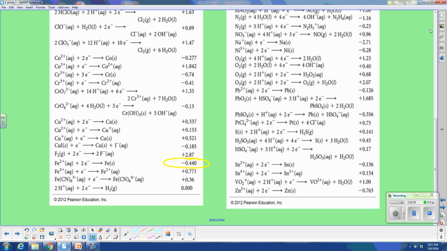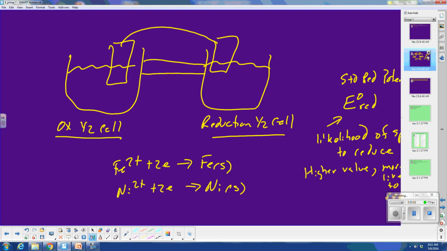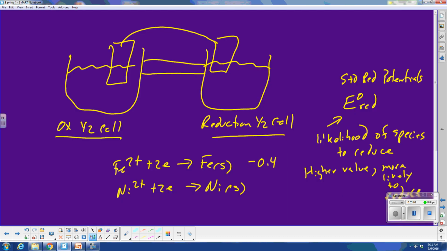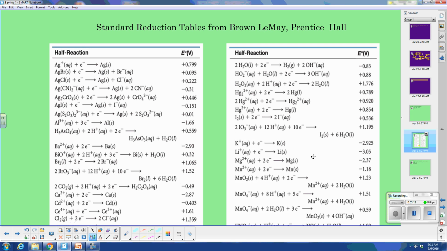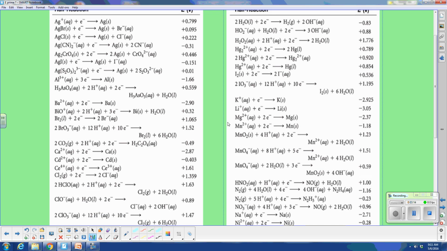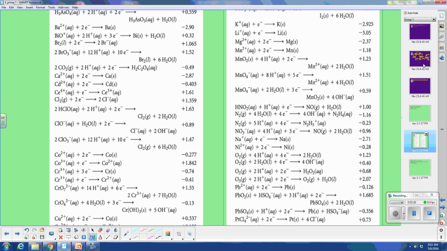Let's go back to our previous slide, and we have a negative 0.440 volts. And then we need to find our value for nickel. Where's nickel? Nickel right here. Looks like a negative 0.28.